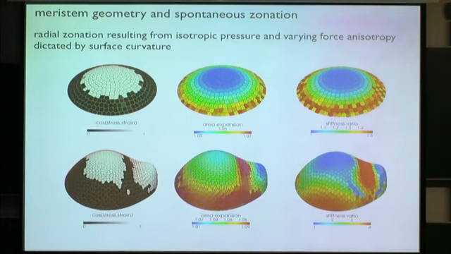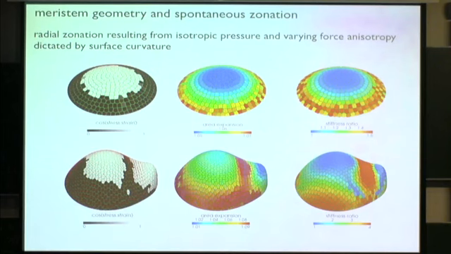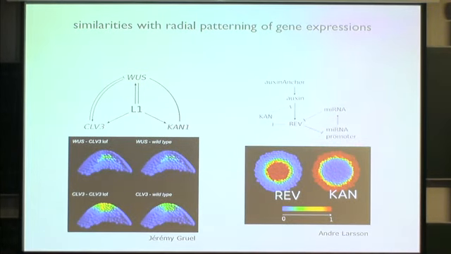And we repeated this test in more complicated shapes, and we got more or less the same results. And this is very interesting because many models that don't include mechanics at all work with this kind of radial zonation. But for these radial zonation models to work, they have to anchor something to the center.